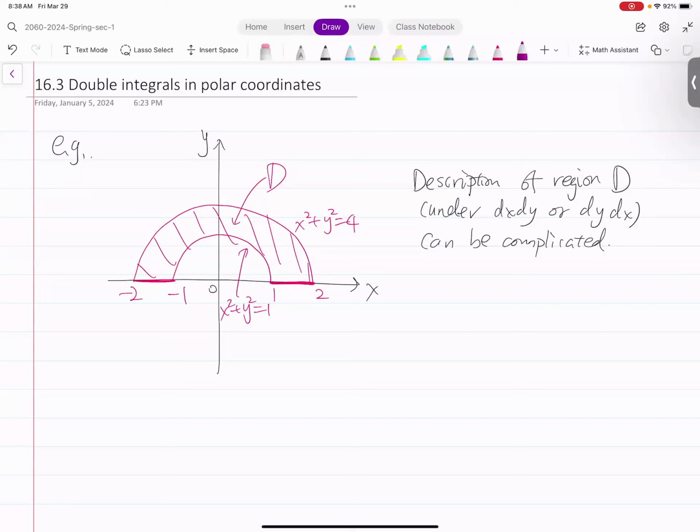For instance, if you do dx dy, that tells you y is free, and we're using horizontal bars. So at this point, you need a lower bound and upper bound for x, right? But if you go below this line, then you will have two pieces, and you have two lower bounds and two upper bounds.